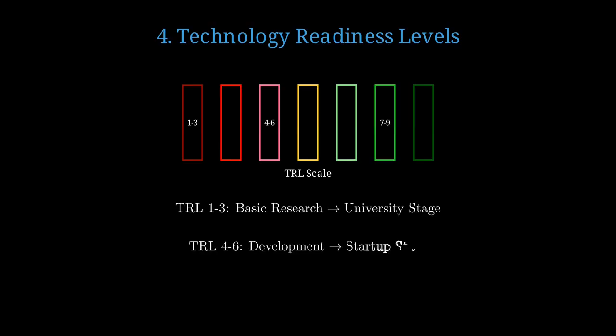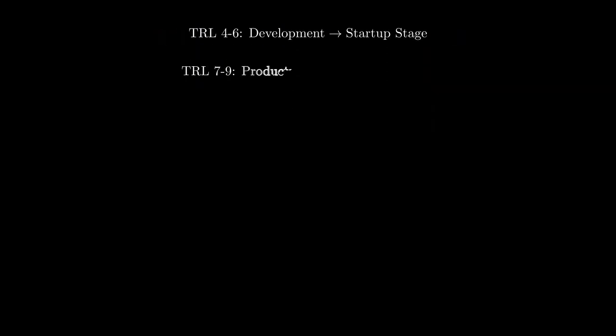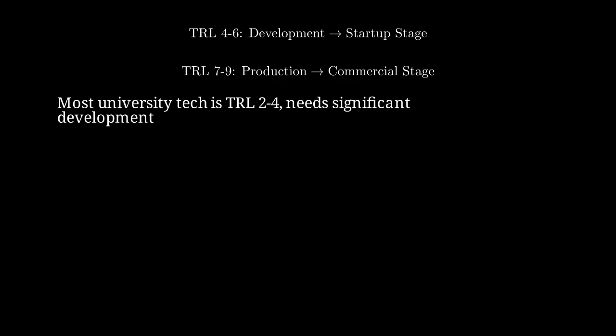TRL 4 through 6 involve technology development and validation, often the domain of startups and early-stage companies. TRL 7 through 9 represent production-ready technology, suitable for full commercialization. Most university technology sits at TRL 2 through 4, requiring significant development investment before commercialization.